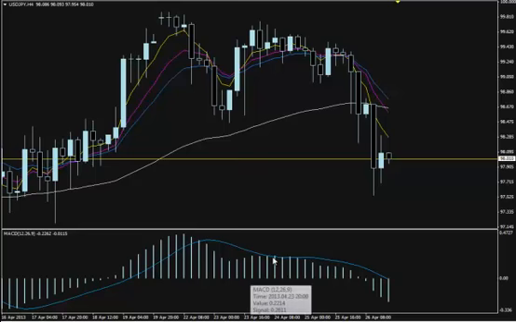The histogram must start building up above the 0 line, and as soon as we see a bullish histogram and the signal line is ready to start running upwards inside it, while the price is just above the 65 EMA and the EMAs are in proper bullish order, then we can enter.